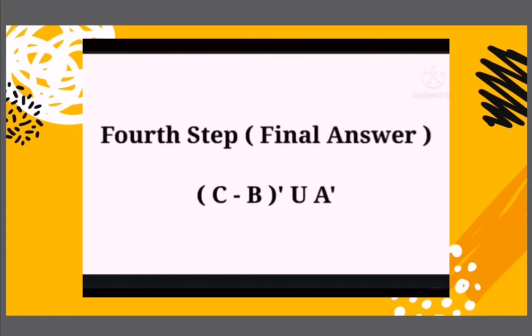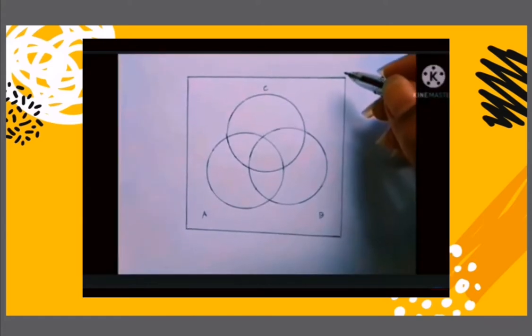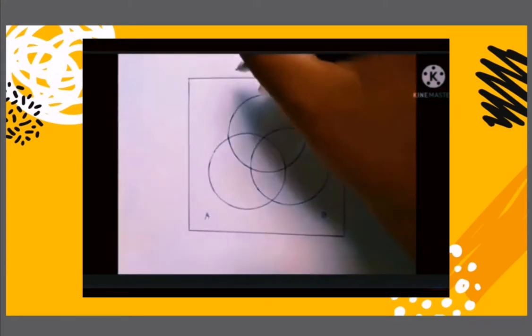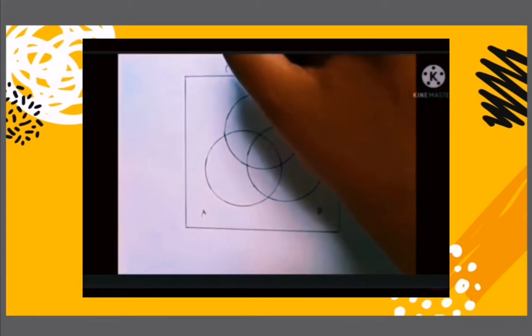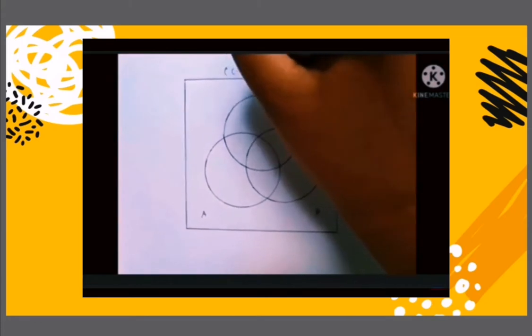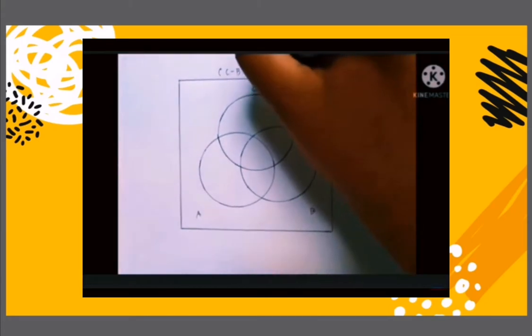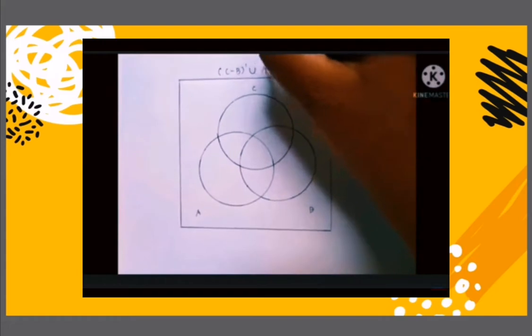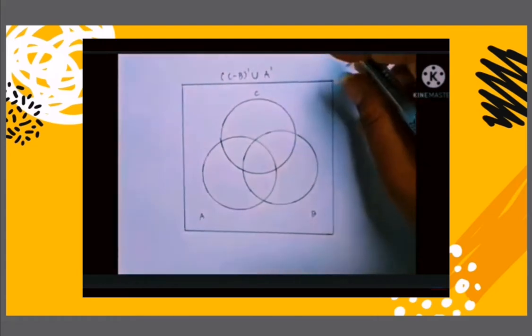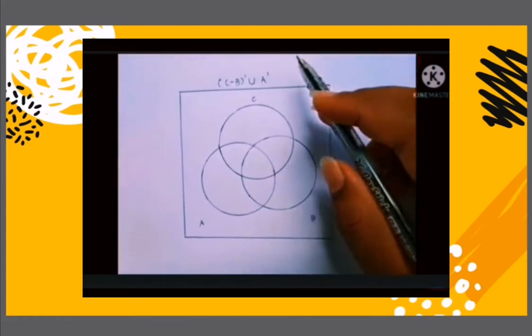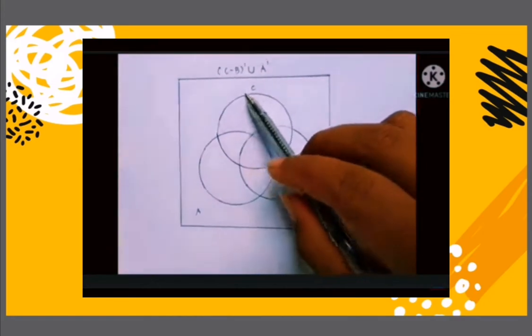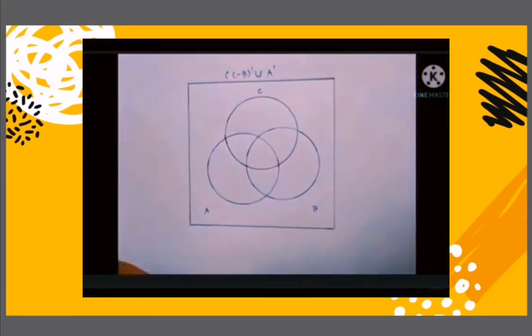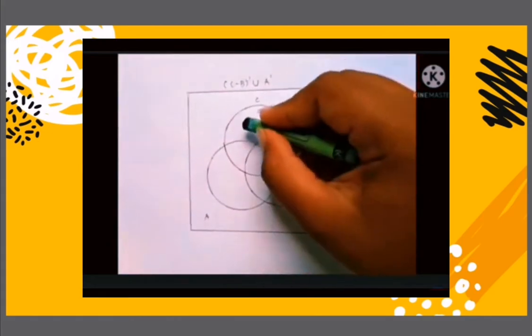And our fourth step, or the final answer, of C minus B complement union A complement: we must combine set C minus B complement to set A complement. Okay, let's shade this area.